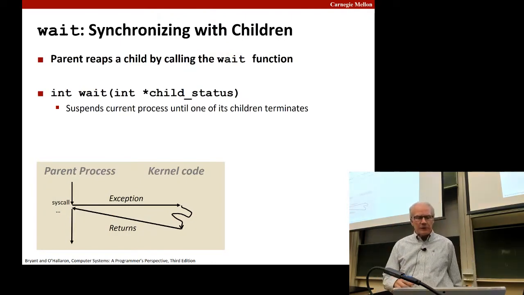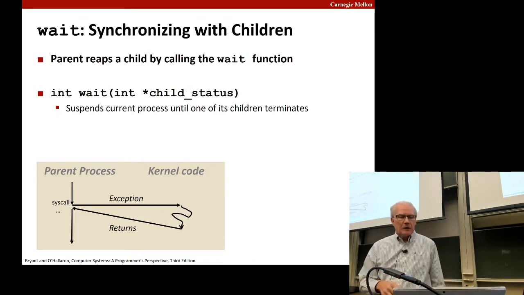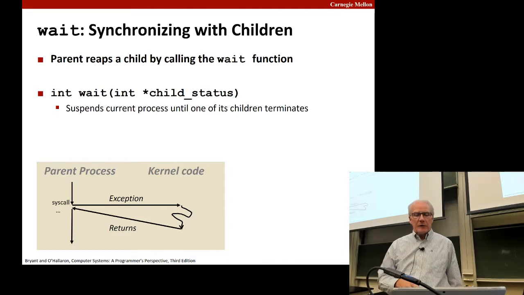I don't know if we really talked about the wait function, I guess. But the idea of the function wait, which we've mentioned tangentially a couple times now, is for a parent to basically hang up and wait until one of its children has completed, one of its children has terminated.